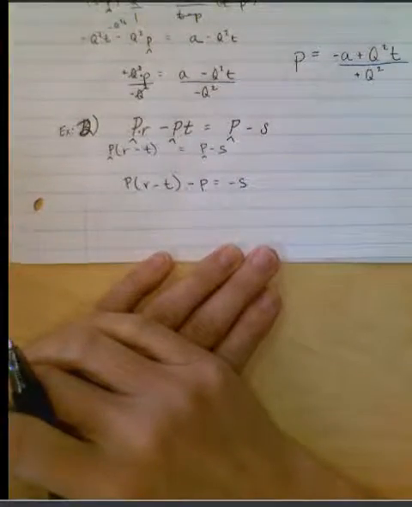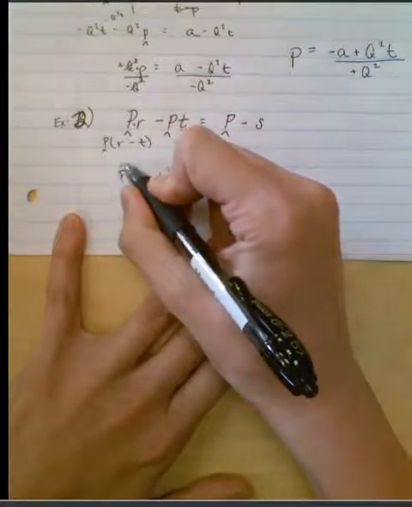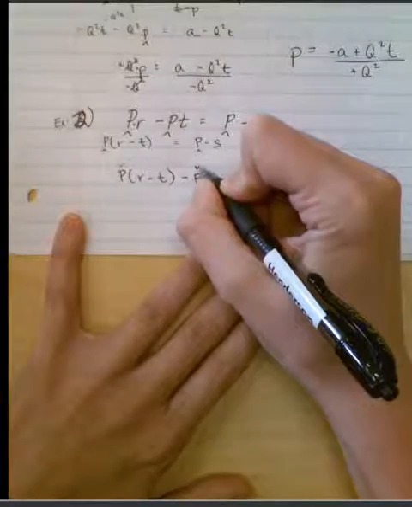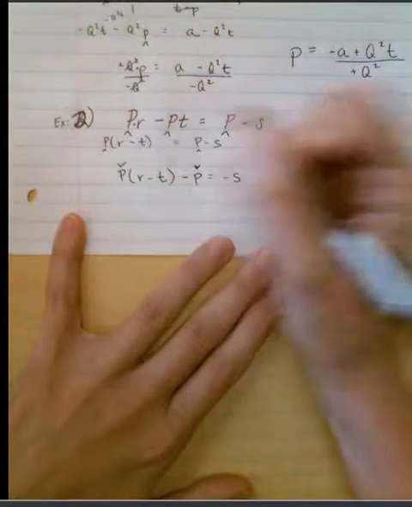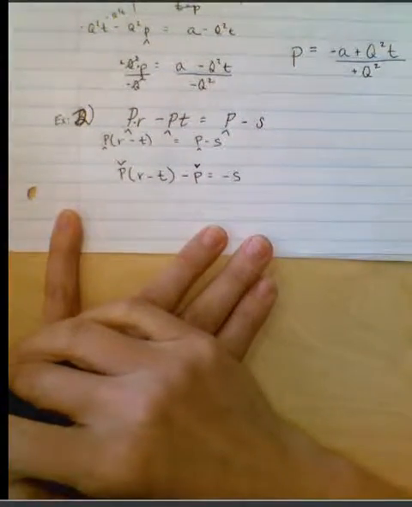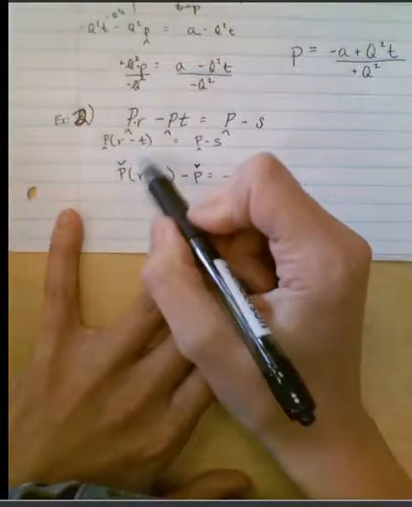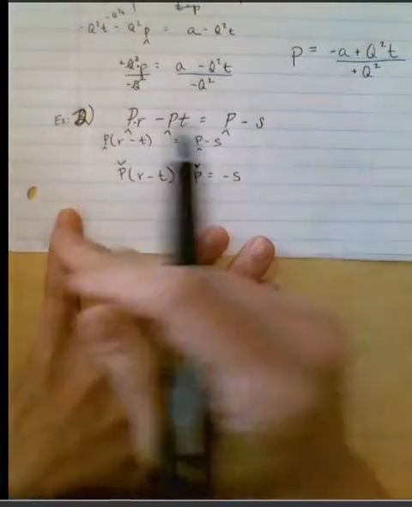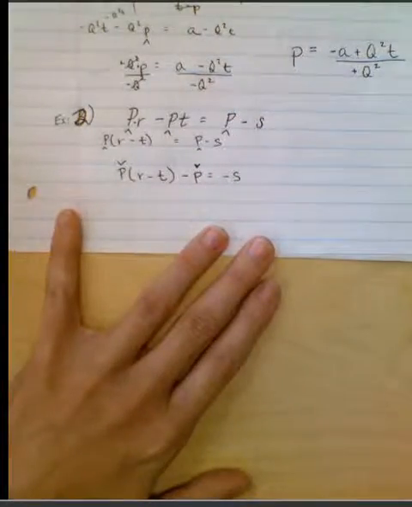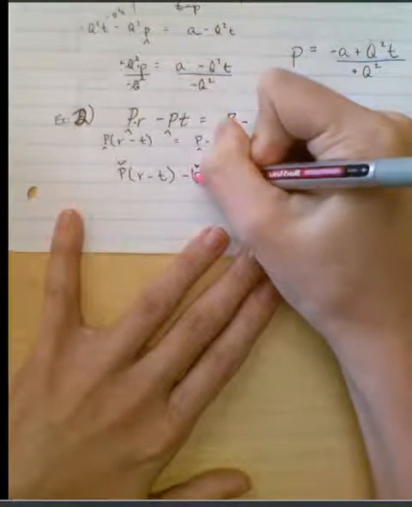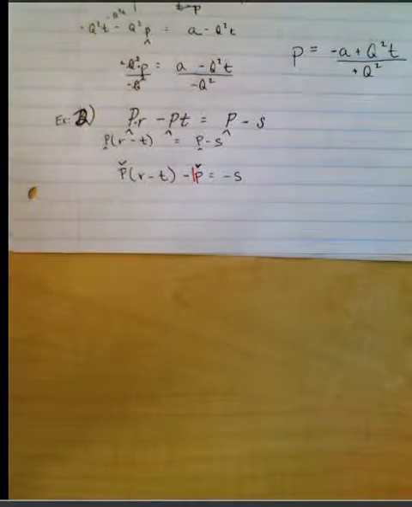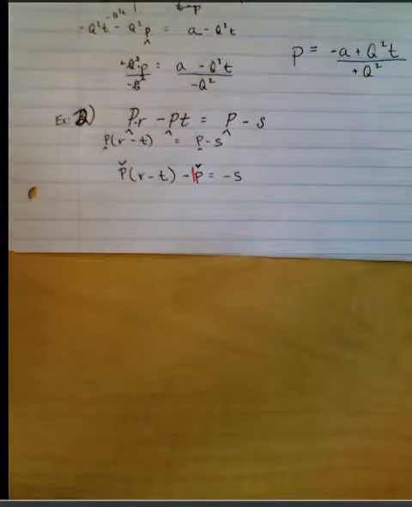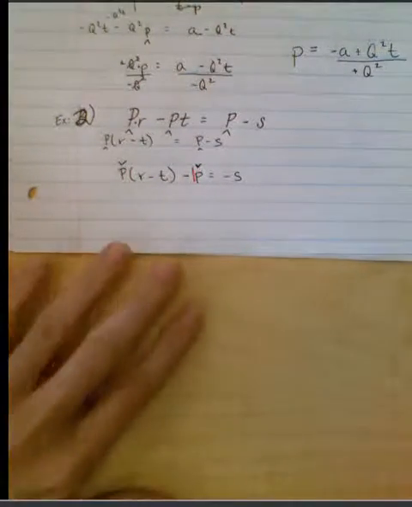Well, now what? I have a p on this one and a p on this one, so I would bet that there had been like a double distribution thing here. It had been distributed at this level, but it had also been distributed even above that. So I'm going to remind myself that there is a 1 on this p, which allows me to factor out a p from everything on the left-hand side of the equation.